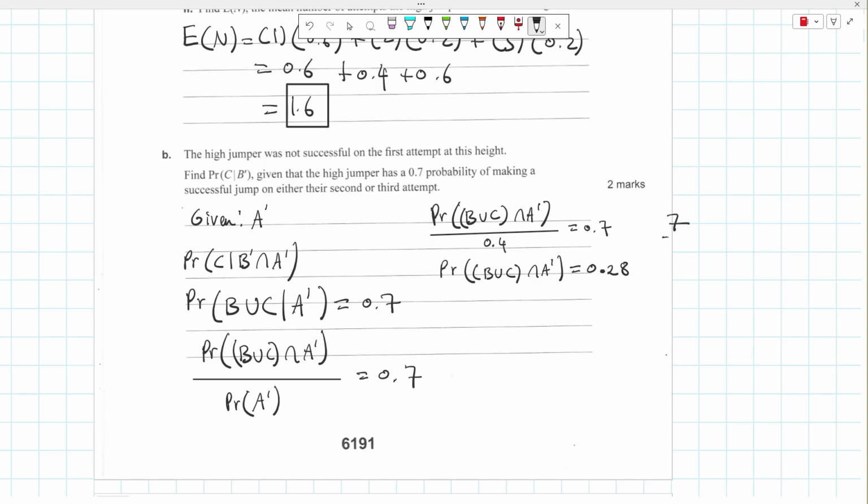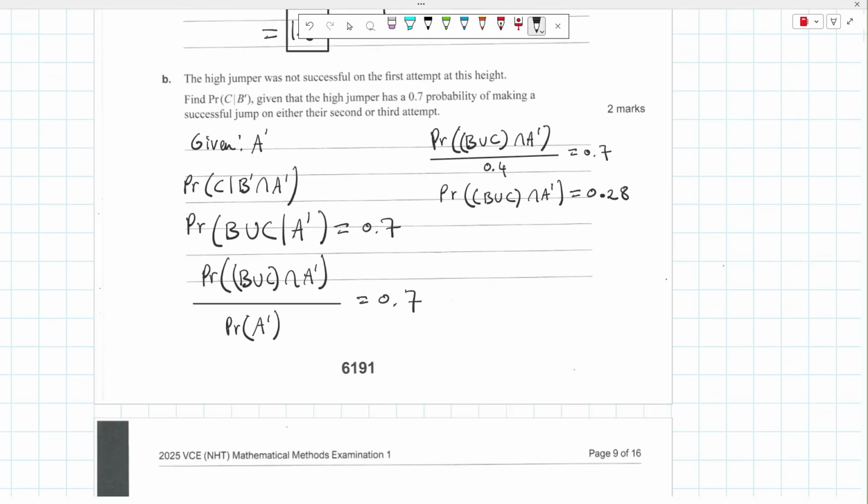Right, if we want to do it 7 over 10 times 4 over 10, that's going to be 28 over 100, right? So that's just going to be 0.28. Okay, but what does this actually tell us, right? Let's draw a little Venn diagram here.